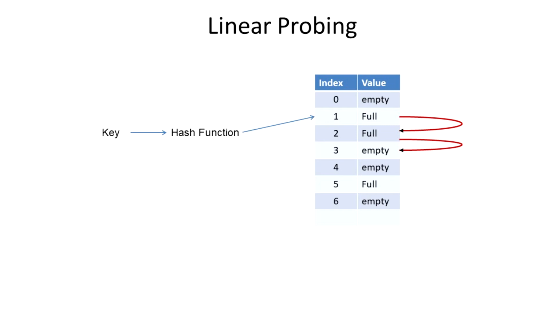However, repeated use of this technique can lead to what's known as primary clustering, where the items end up being stored consecutively in the array rather than the position which was supposed to be associated with the ASCII codes of the string itself. As more and more items are stored in hash keys unrelated to the word itself, that will degrade the performance of looking up items in the hash table.